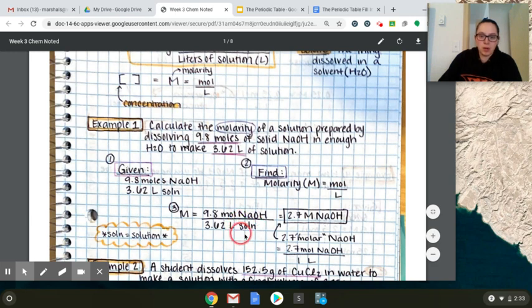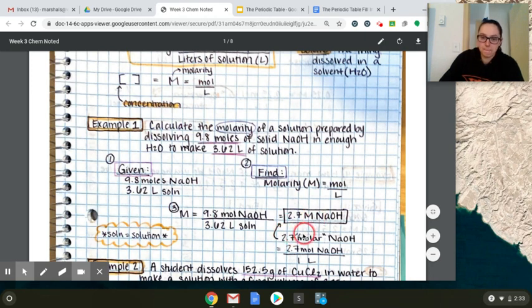Now, some of you might be wondering what SOLN means. That just means solution. It's easier to write SOLN instead of the full word when we're doing problems like this. So I do 9.8 divided by 3.62 in my calculator, and I get 2.7 molar NaOH.